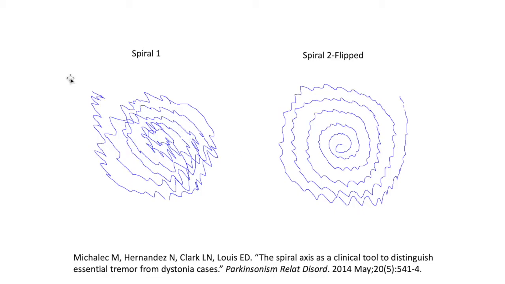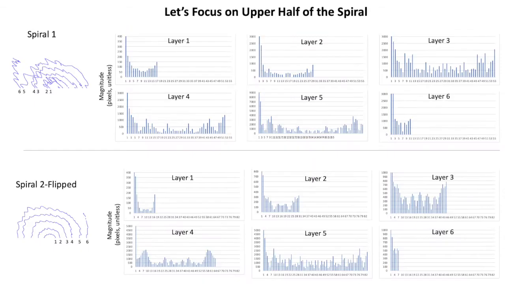Now, there are many ways to apply the LCPC grid system to measure these spirals, but for simplicity, let's just focus on the upper half of these spirals. So what we did was we outlined every single concentric ring in the upper half and applied the LCPC transform on each. When we did so, this is what the LCPC transform sees for each layer.